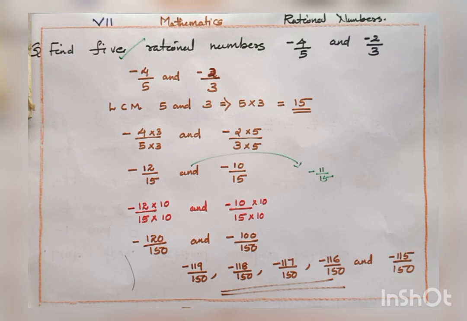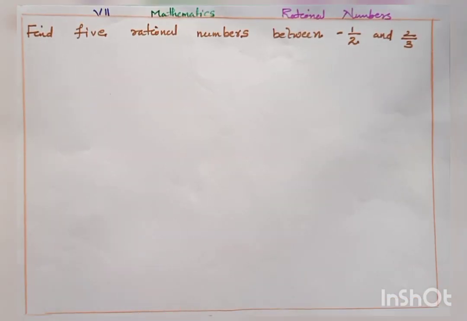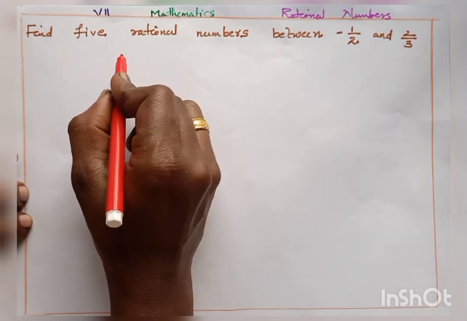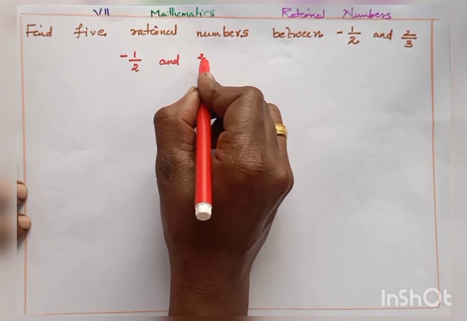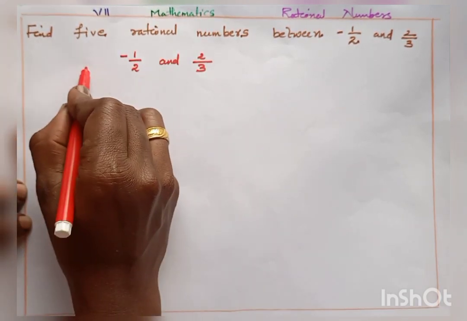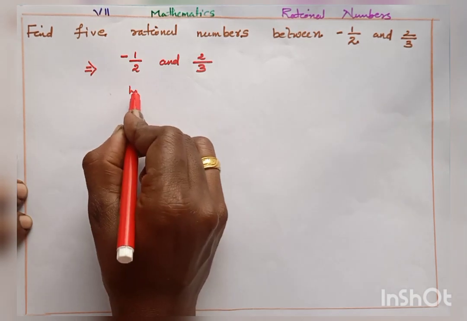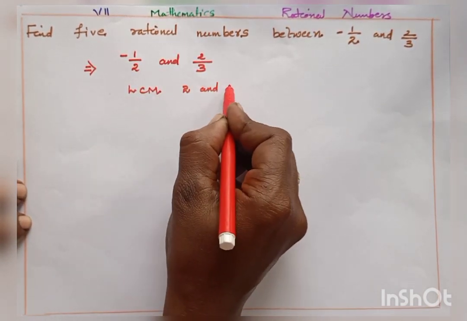Okay. Next question: find 5 rational numbers between minus 1 by 2 and 2 by 3. See, the denominators are different. So we want to find the LCM of the denominators 2 and 3.